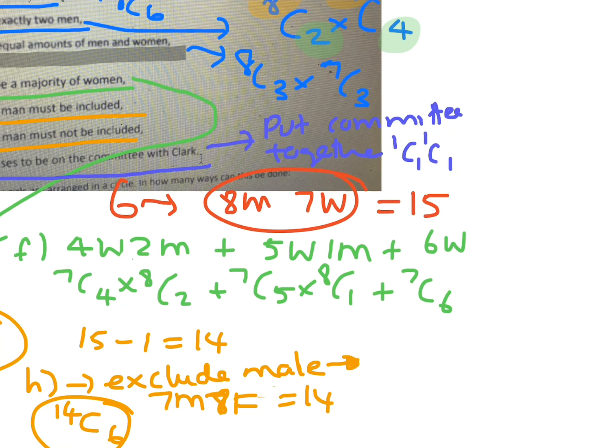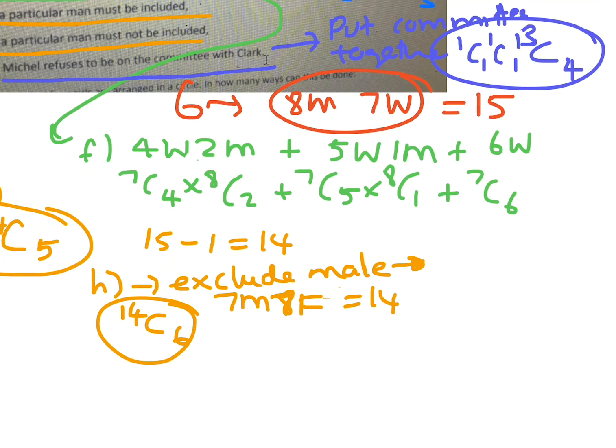And then we don't care how many boys or girls. We've taken 2 away, so now we have 13 people to choose from. We've chosen 2 people on the committee already, so that means we must choose 4.